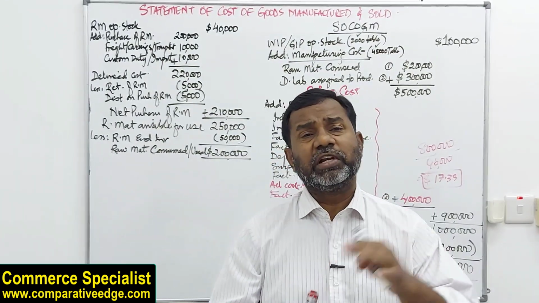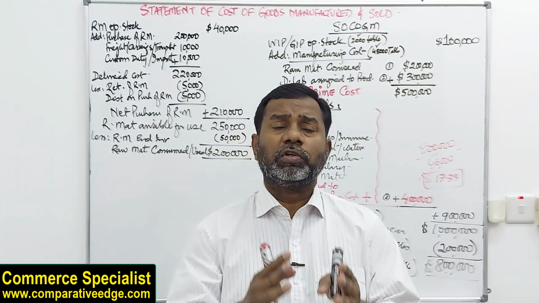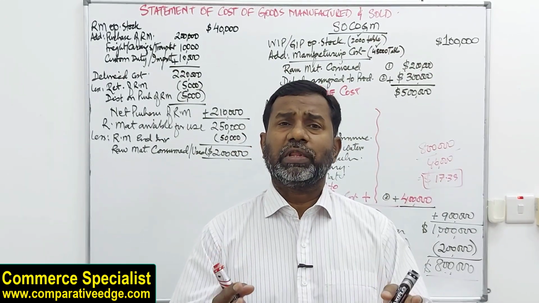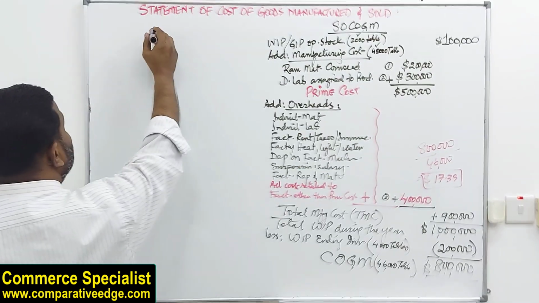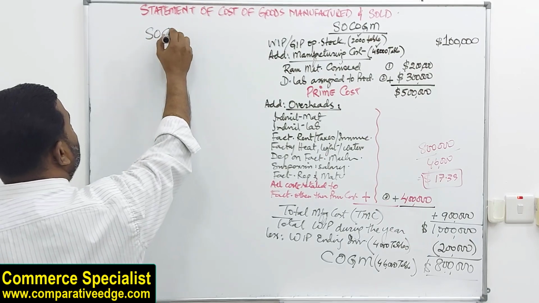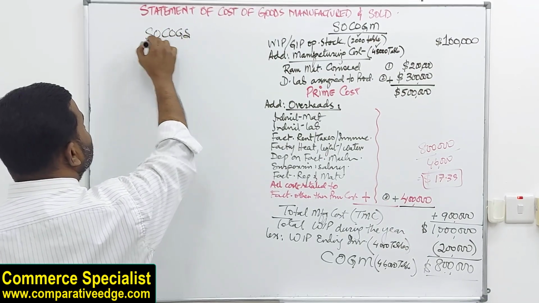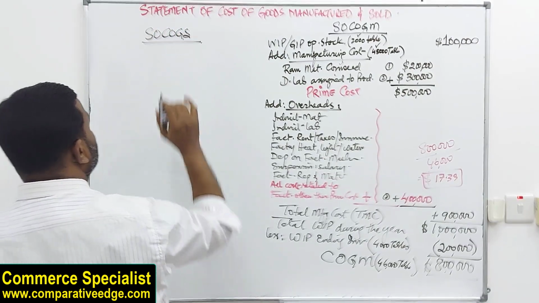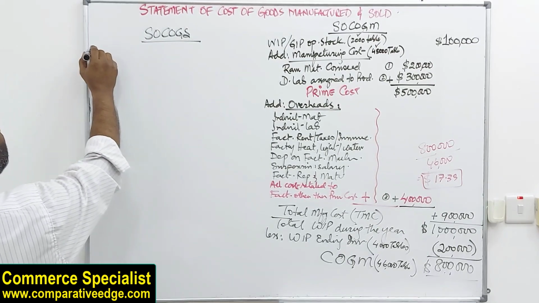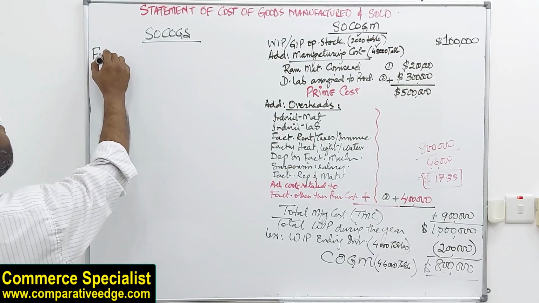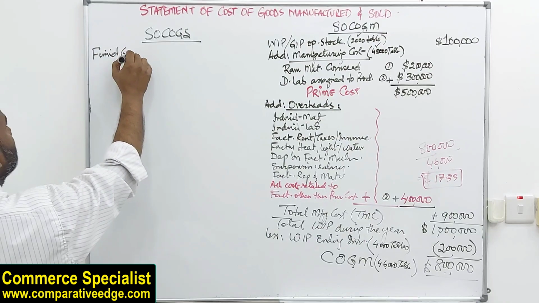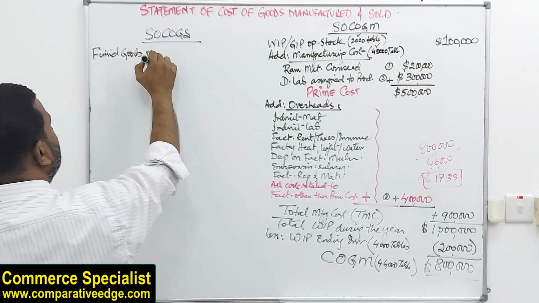Now there is another statement which we call statement of cost of goods sold. So I'm going to cover that as well. When I start off with statement of cost of goods sold, we start off with finished goods opening stock.